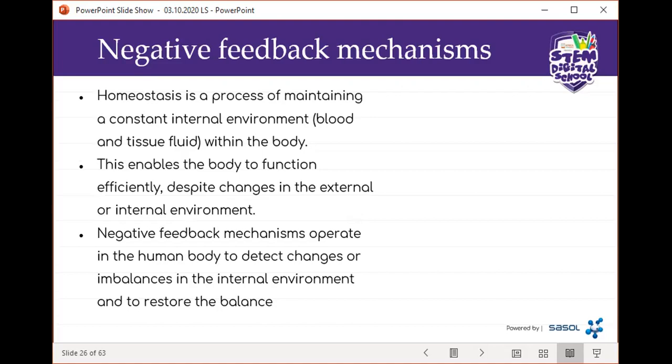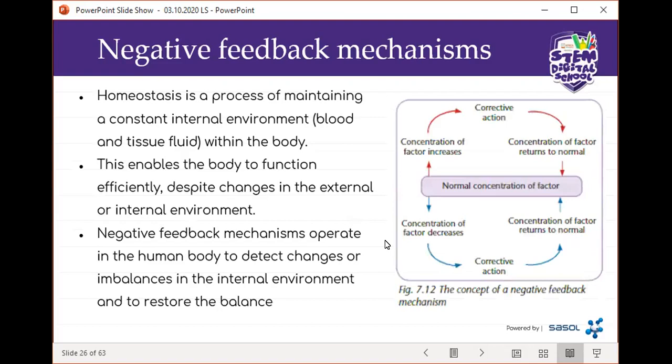So in short, guys, a negative feedback mechanism is also a way of controlling the functioning of a system by using one of the outputs of that system. Okay. So here in figure 7.12, it says the concept of negative feedback mechanism.